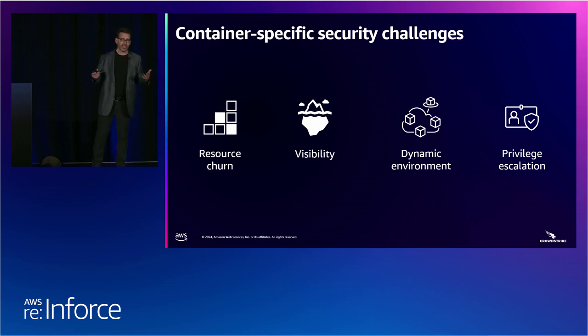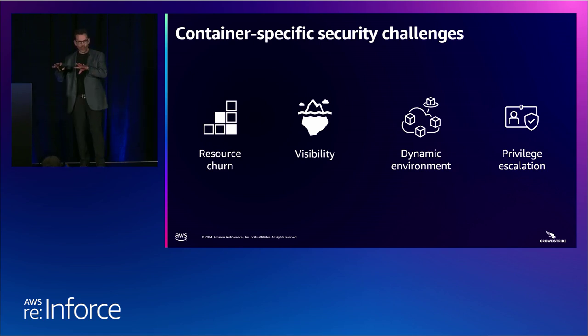So you have this level of scale. You have pods that are being deployed in response to higher utilization, being torn down. So there's a lot of resource churn. And how do you track what is actually running in your environment at any given time? So just maintaining that level of visibility in that dynamic environment.